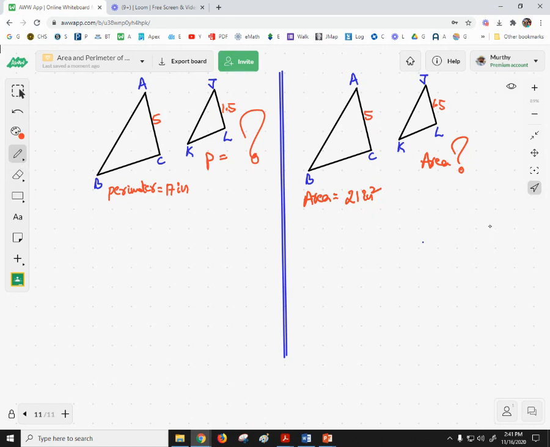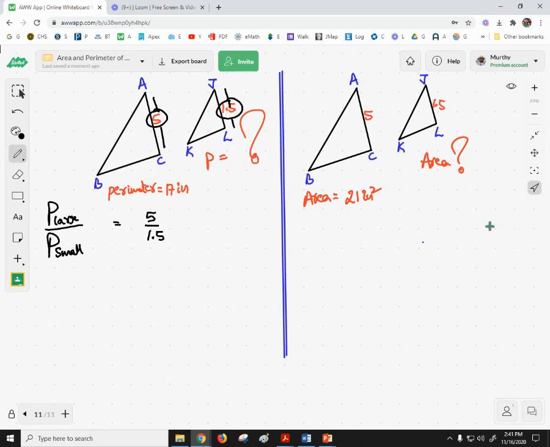So if you are computing, please remember: perimeter of the large triangle, which I'm taking as the numerator, over perimeter of the small triangle equals one of the sides of the large triangle over the corresponding side. Here I am taking AC because I know the corresponding value, which is 5 over 1.5.